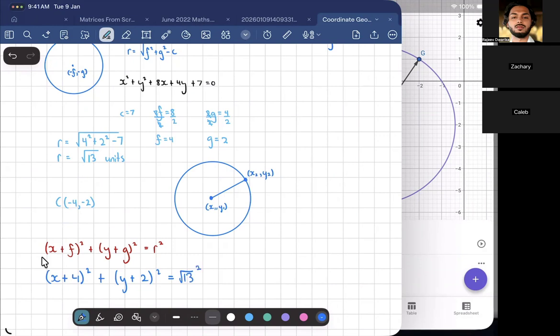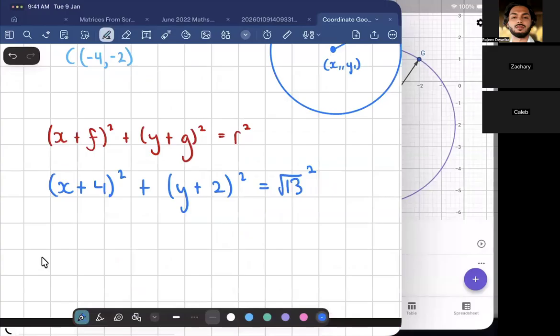2. Exactly. Now I have a question for you. What is square root of 13 squared? You don't need the calculator for that. Square root of 13 squared. Zachary? I think 13, sir. Yeah, it's 13.